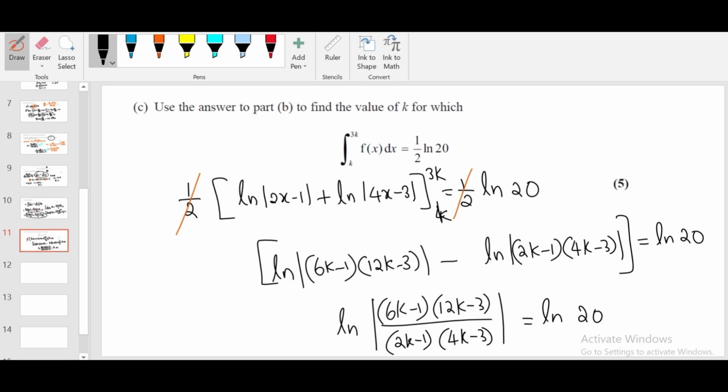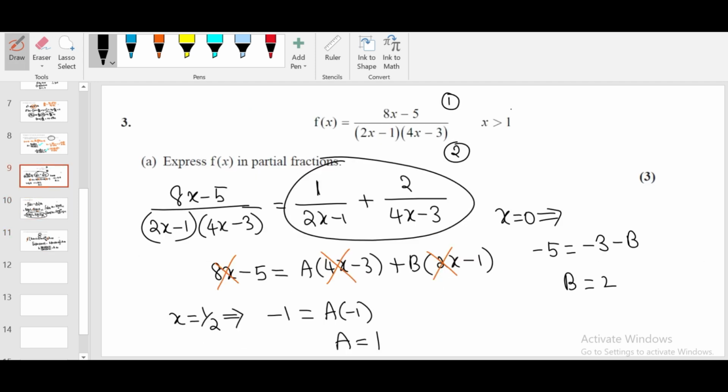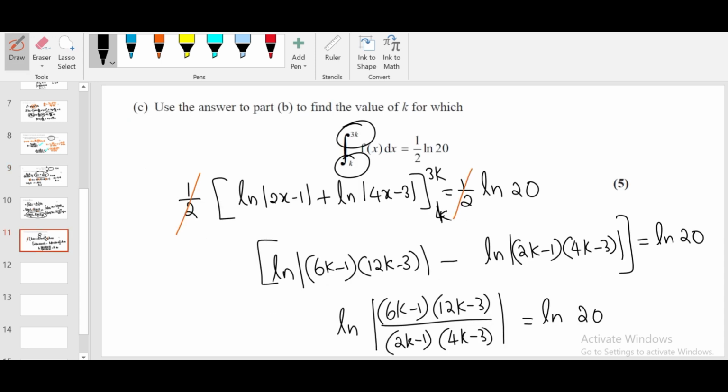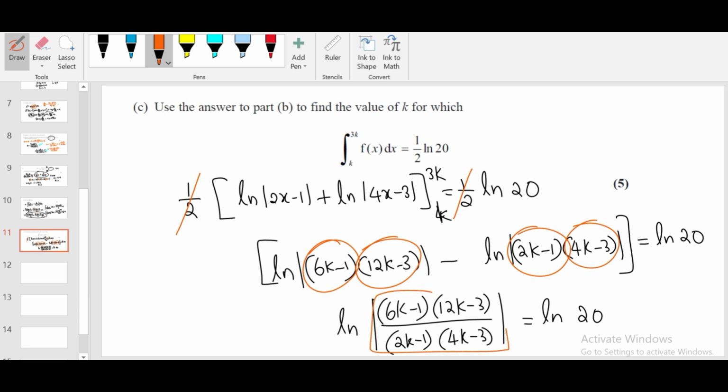Now the k is basically the values of x, right? The limits are the values of x. And in the function it's clearly mentioned x is greater than 1. If x is greater than 1, k is also greater than 1, right? Because the limits are the values of x. So if k is greater than 1, all of these values are positive numbers, so we don't need a modulus sign here.